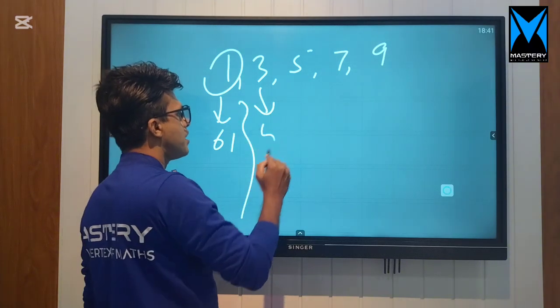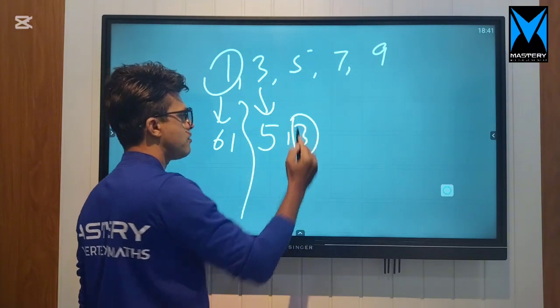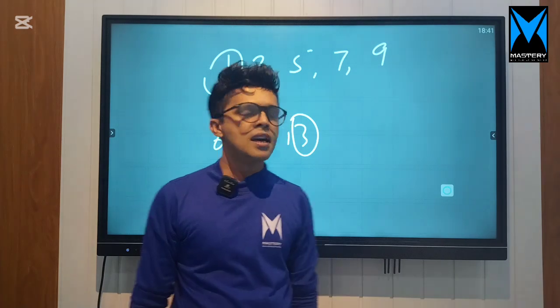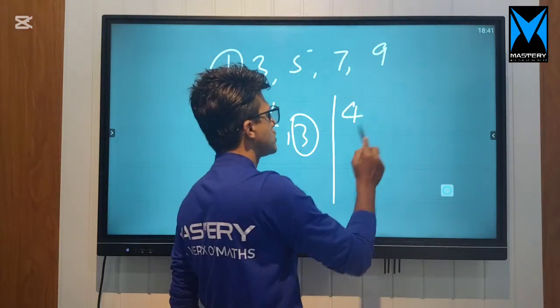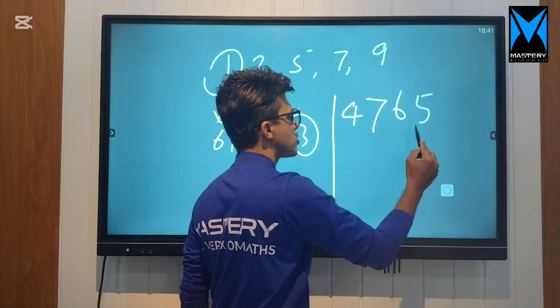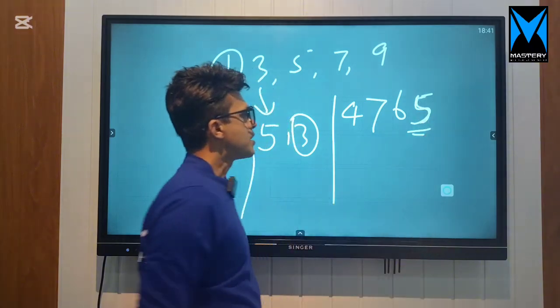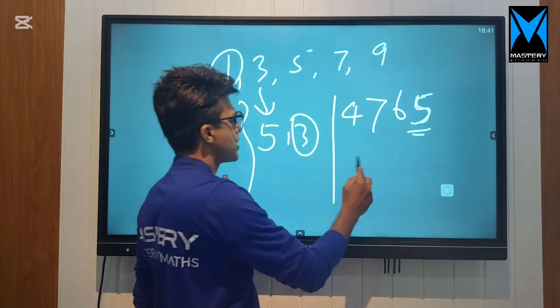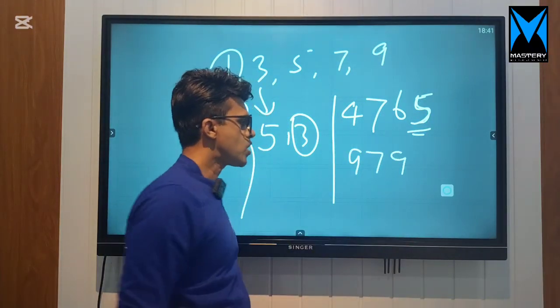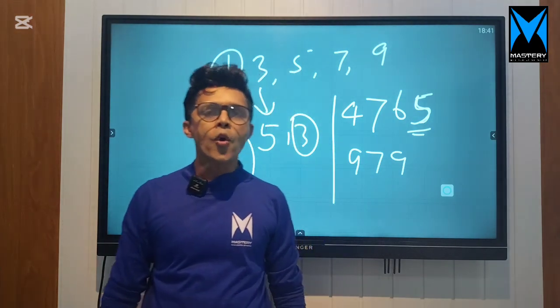Another one, 513. You could see 3 in the ones place. And another one, 4765. This one also can be identified as an odd number, right? So this one, 979, also can be identified as an odd number.